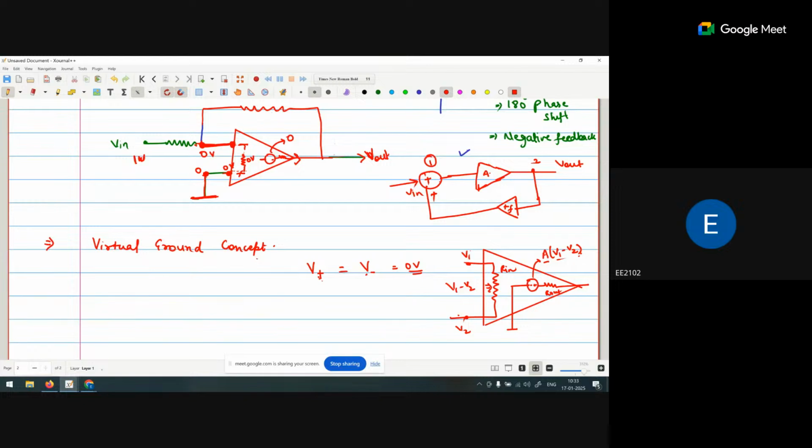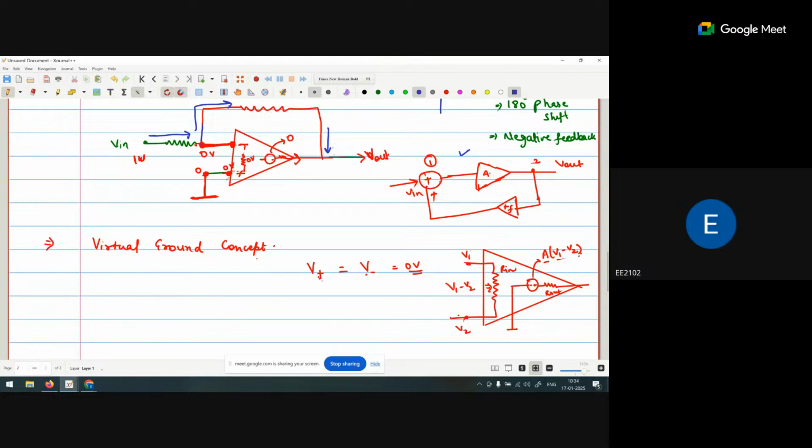If no current passes through the operational amplifier, that means the current that started from Vin and passed through this resistor will pass in this direction. Can you write a KCL equation?